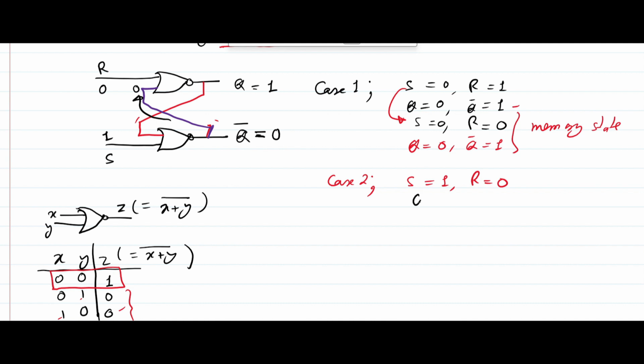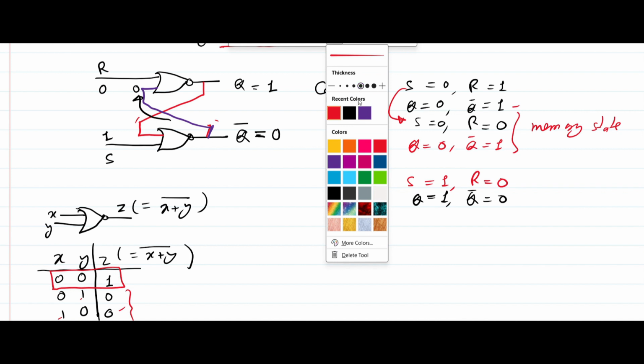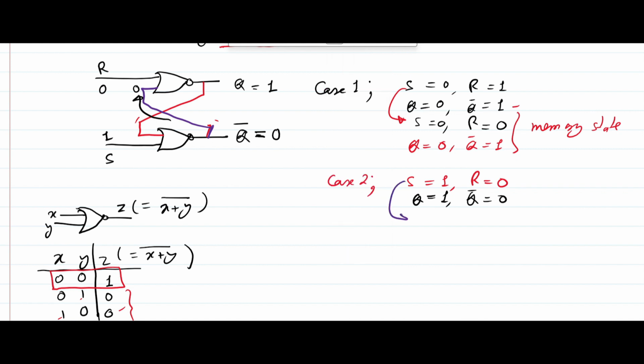Now, what do we get? We get q equals 1 and q bar equals 0. Again, if I take s equals 0 and r equals 0, that means I am removing all the input.